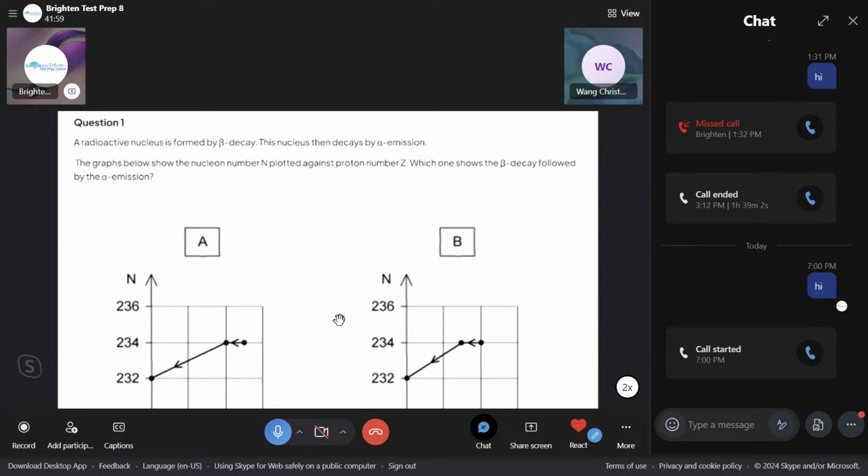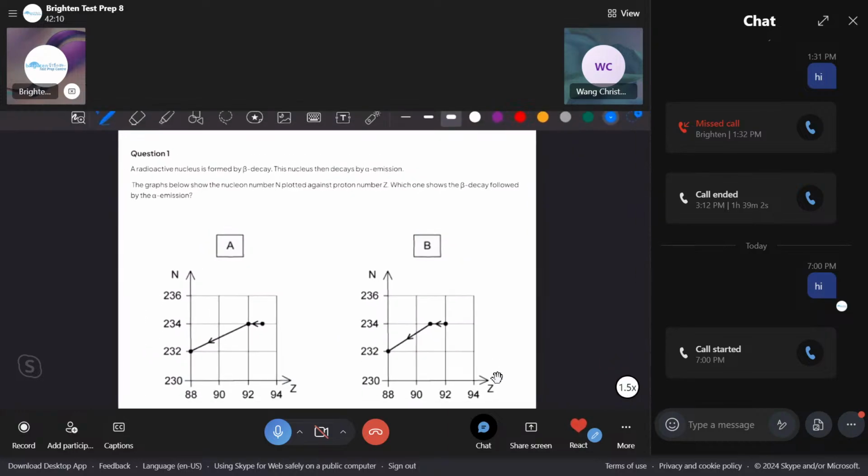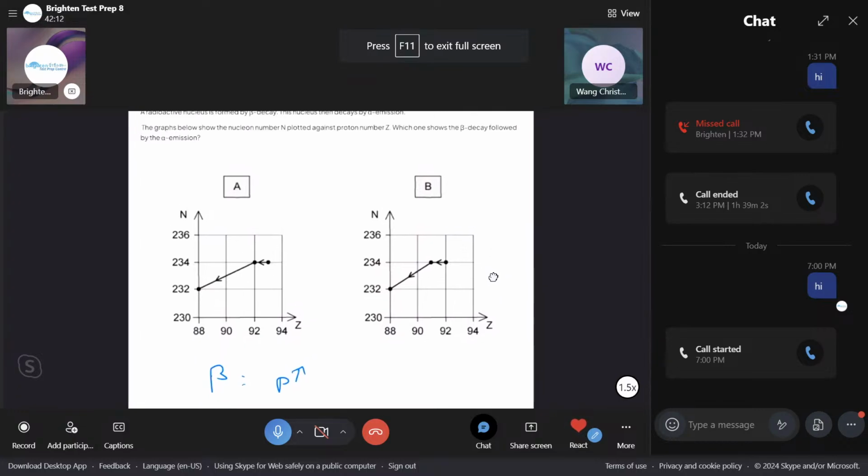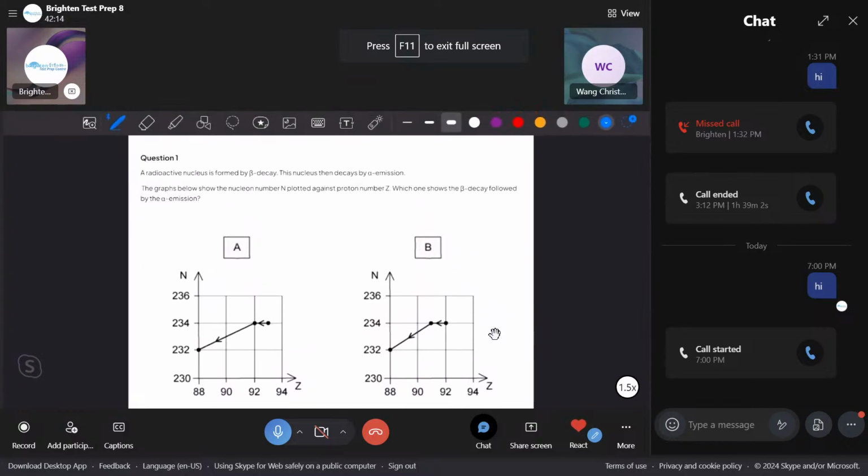Okay. And with the alpha decay? Decrease in 2 proton number and 4 nucleon number. Okay, so in other words, it goes down by a helium.